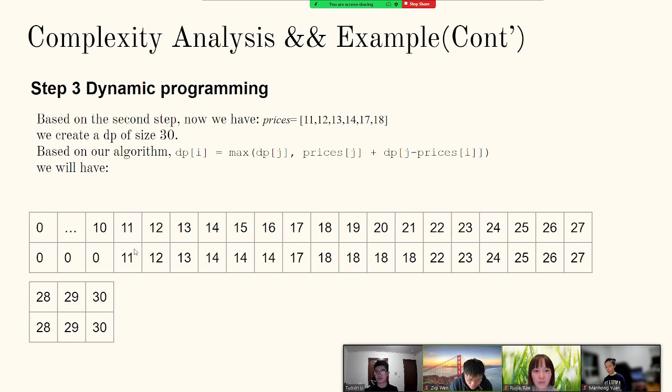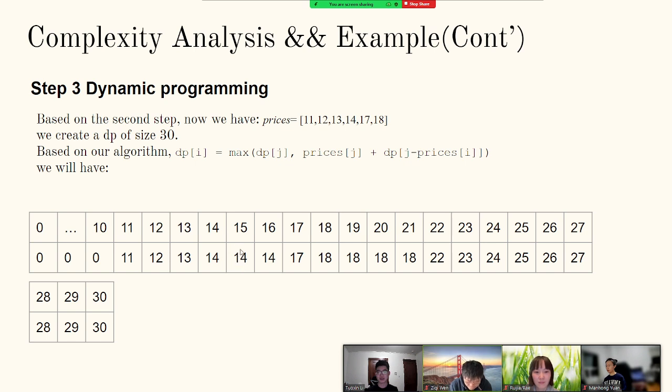From 11 we can just buy the commodity with price 11. For 12 we can buy 12, and also for 13 and 14. But for 15, we can buy the commodity with price 11. Then we have price 11, and dp[15 minus 11], which is dp[4]. However, dp[4] is 0, so we have 11.